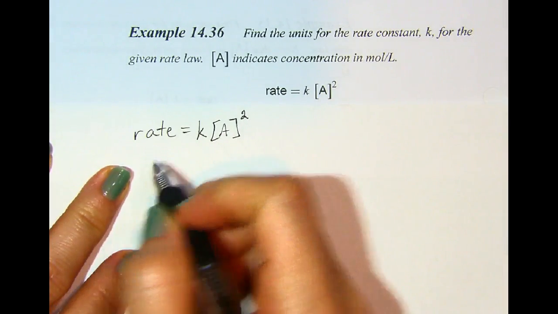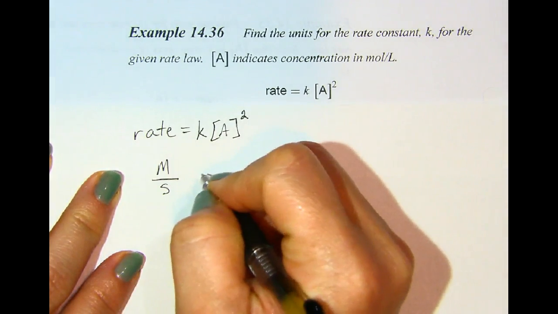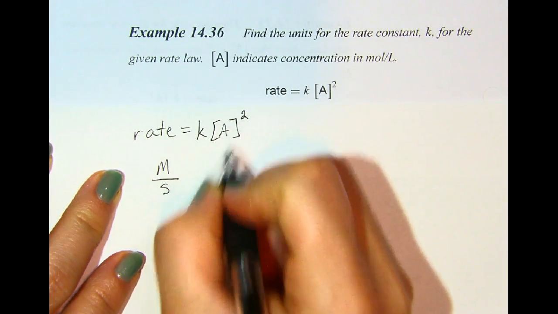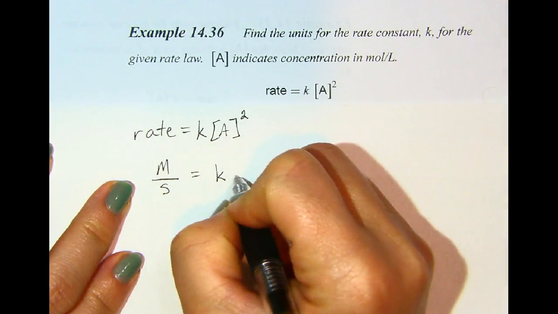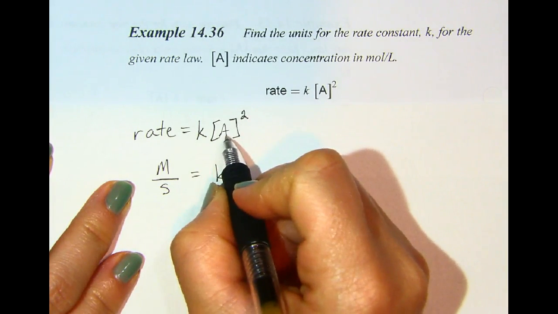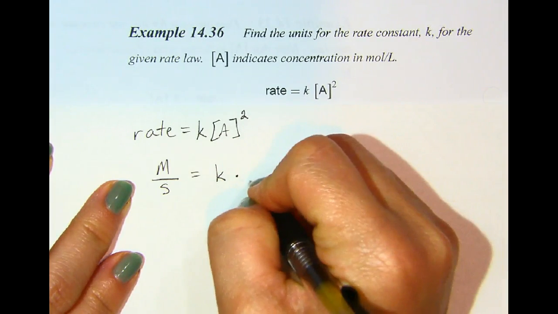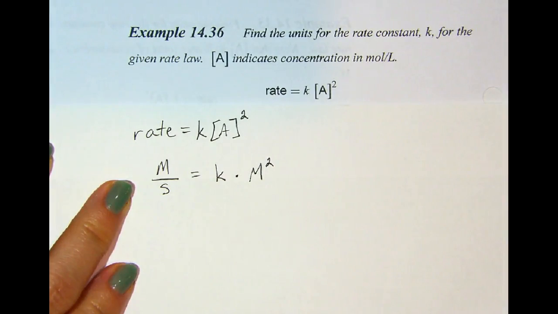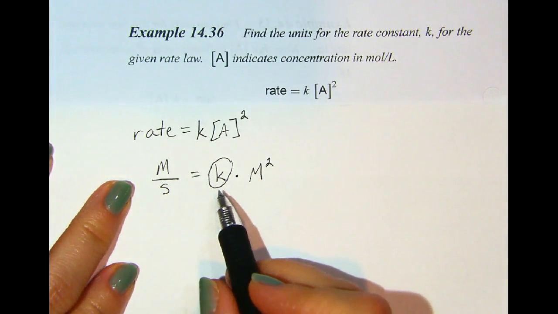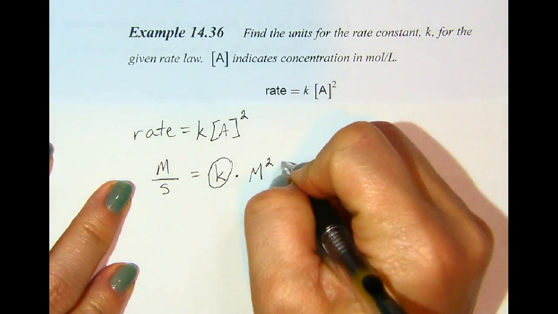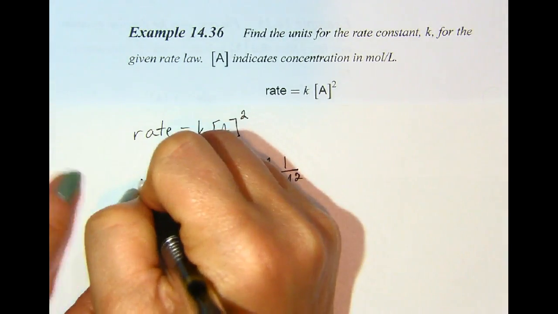And so remember, rate is always going to be molarity per second, not always, but for now, concentration will be molarity per second, equals K, the rate constant, times, and the unit for A is molarity, and it's raised to the second power, so we have molarity squared. So the goal here is to rearrange this to solve for K. So I'll multiply both sides of the equation by 1 over M squared.